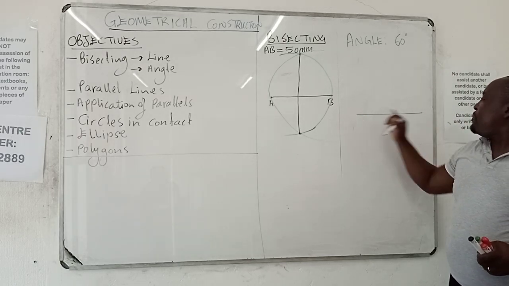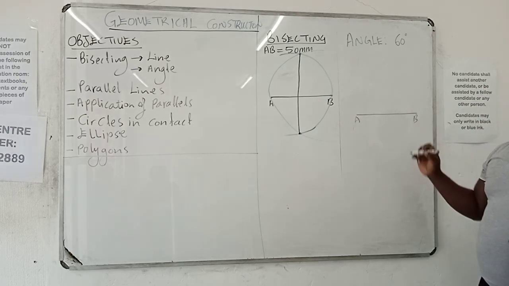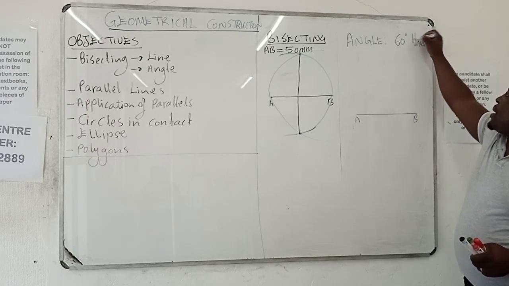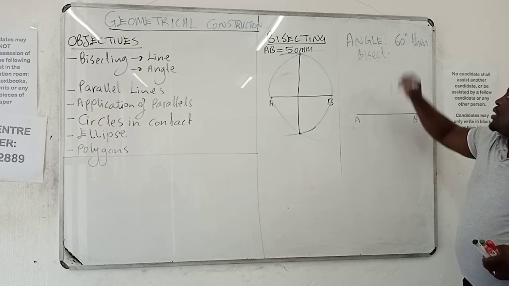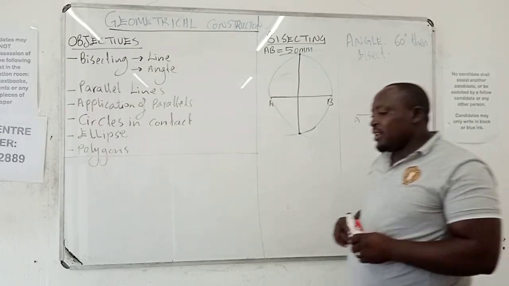So you have line AB. Draw an angle of 60 degrees, then what? Bisect. After I draw the angle of 60 degrees, bisect it.